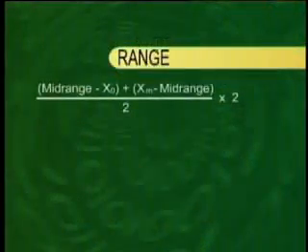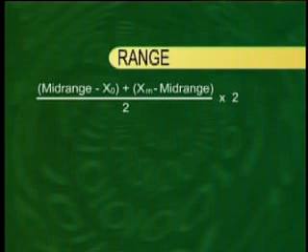x0 plus xm over 2. Now, the range can be defined as twice the arithmetic mean of the deviations of the smallest and largest values around the mid-range.